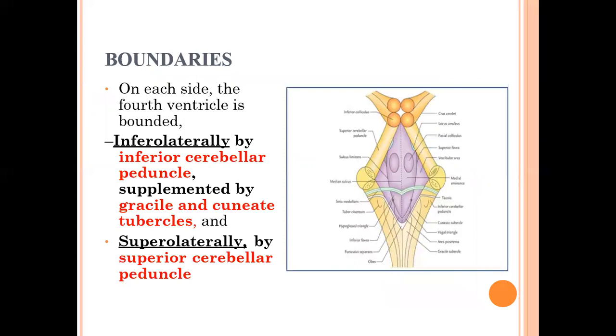Boundaries of the fourth ventricle. On each side, the fourth ventricle is bounded inferolaterally by the inferior cerebellar peduncle, supplemented by gracile and cuneate tubercles, and superolaterally by the superior cerebellar peduncle.